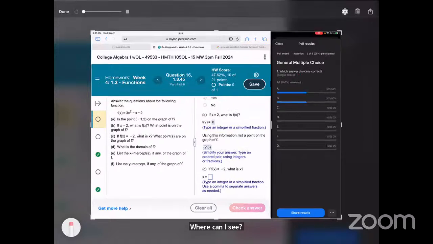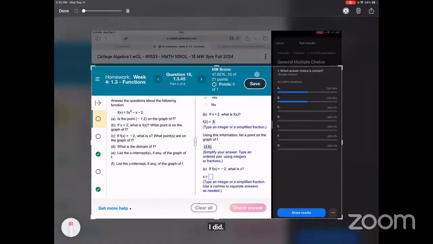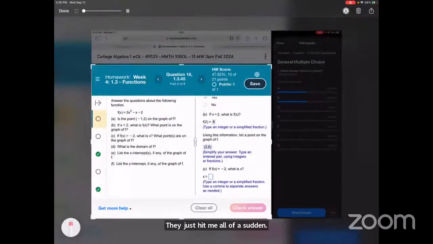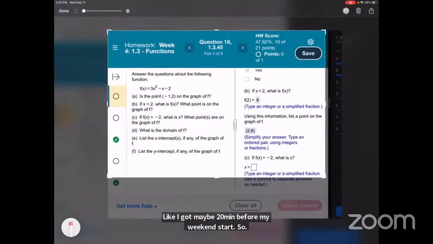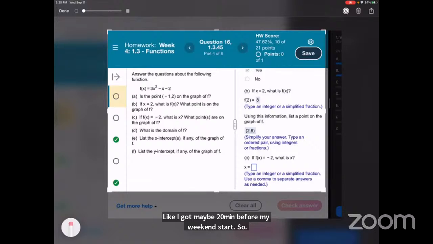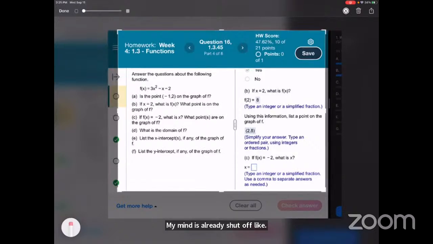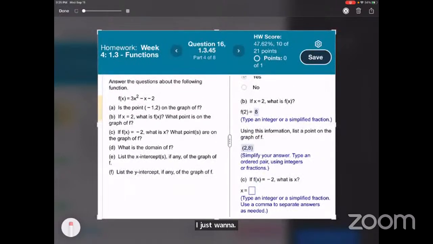It just hit me all of a sudden. I got maybe 20 minutes before my weekend started, so my mind is already shut off. I just want to kind of go on a bubble way. Let me see. Come on.